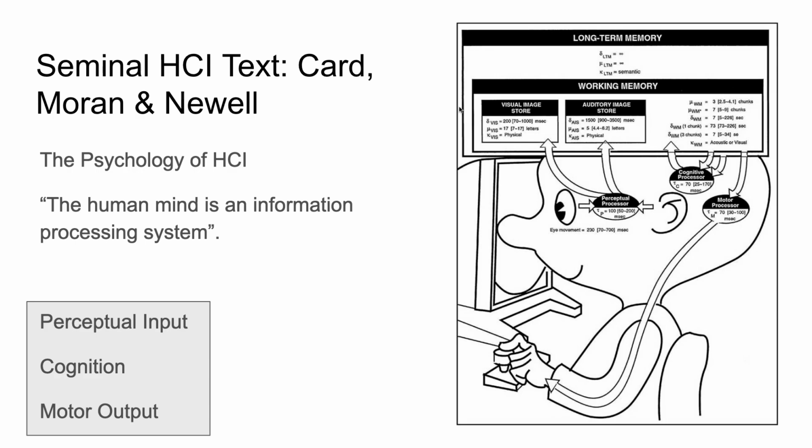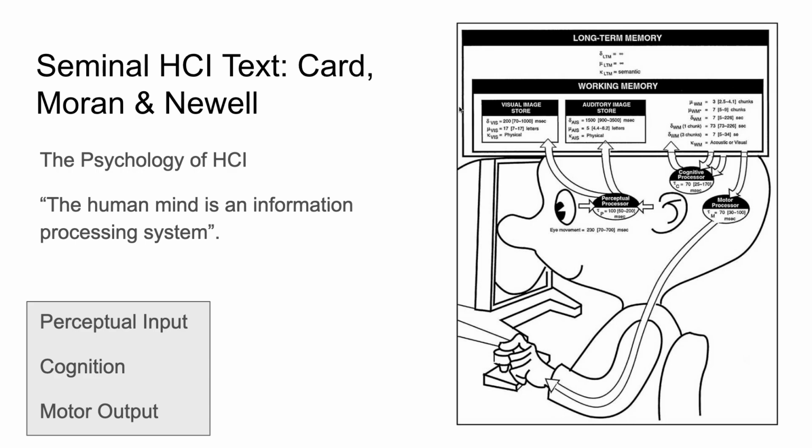Then there's cognition as a whole. How do you process that information? How do you make decisions based on that information? How do you store and recall information? Is there a difference between whether you have perceived a visual image versus an auditory sound? Is there a difference in how you process that?